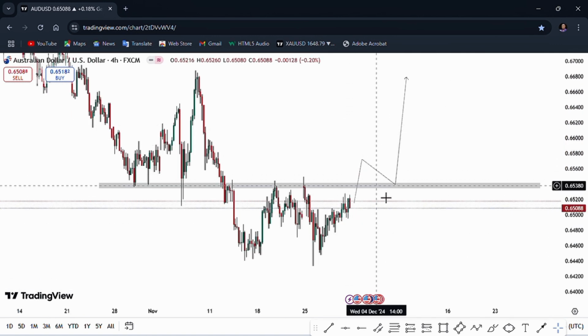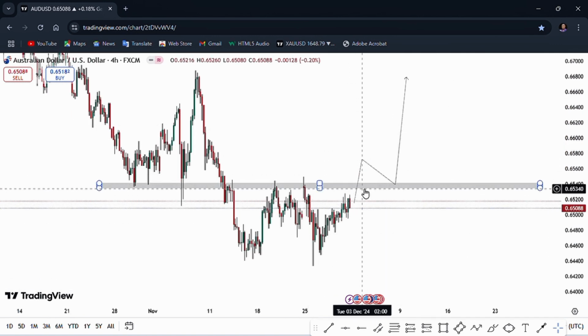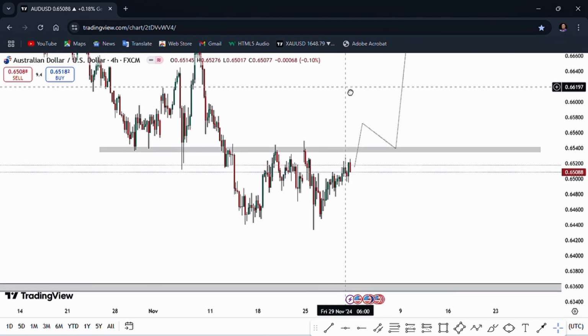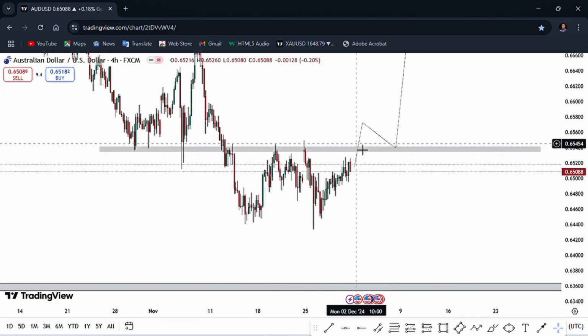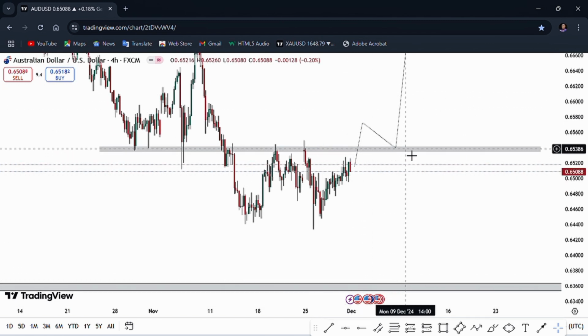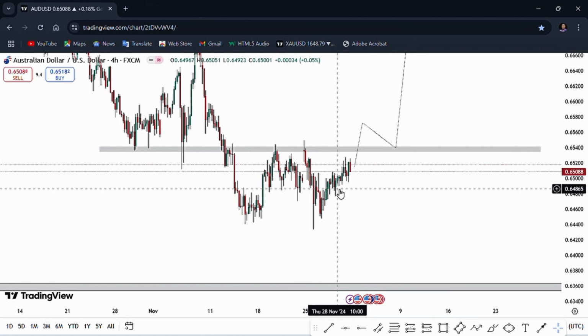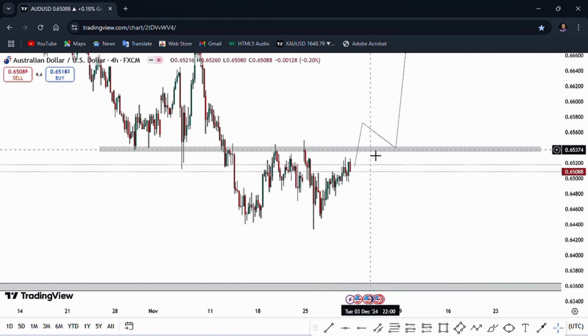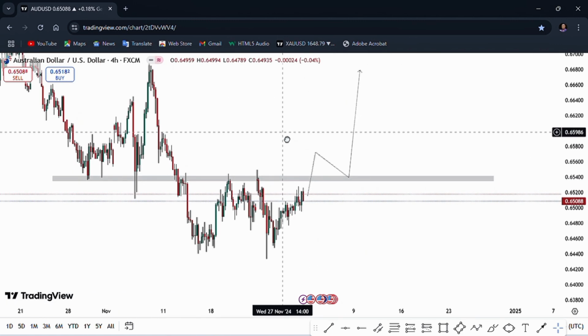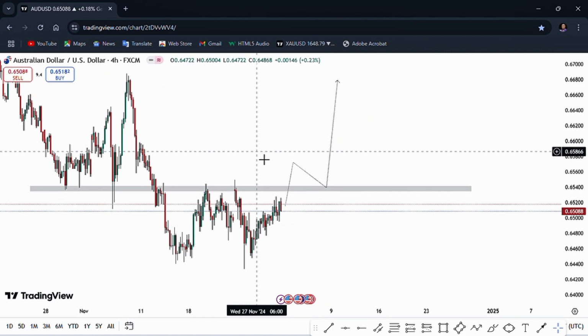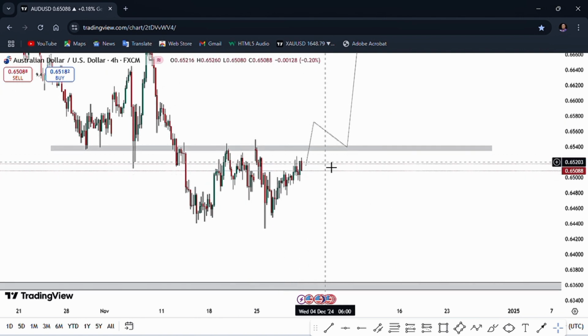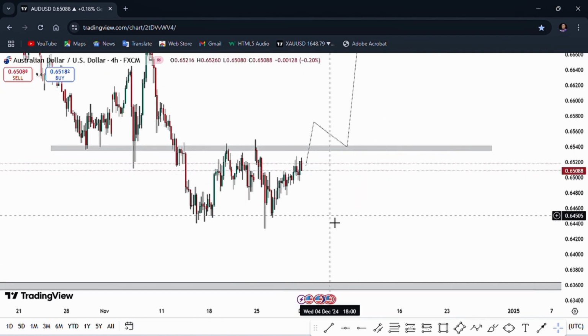If price fails to break above this particular zone to signal me for a buy, if price keeps consolidating at this zone right here, but ideally I expect the price to break this zone for a buy. But if price doesn't break this zone, I will redefine my entry. I will reanalyze this trade to see if there will be any selling opportunities.